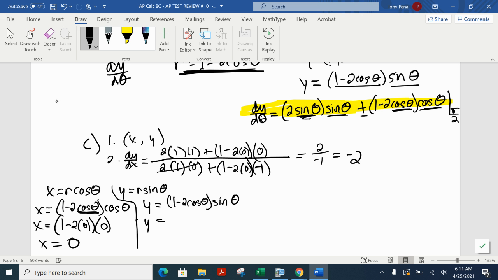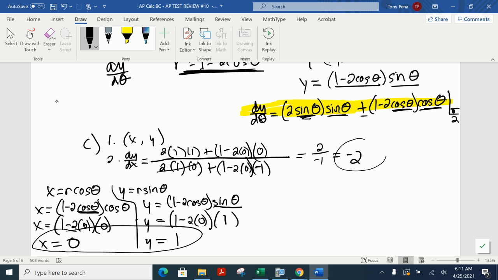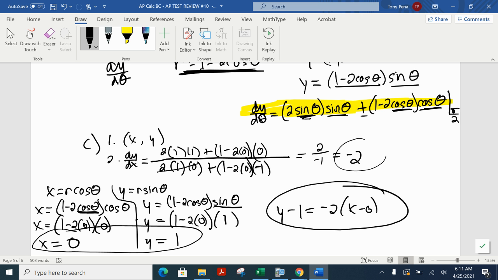Our y coordinate at pi over 2 means we'd have 1 minus 2 times the x coordinate at pi over 2, which is again a 0. But then the y coordinate at pi over 2 is a 1. So this would become a 0. You have 1 times a 1. The y coordinate is a 1. So this was our slope. We now have our point. And then that's our answer.